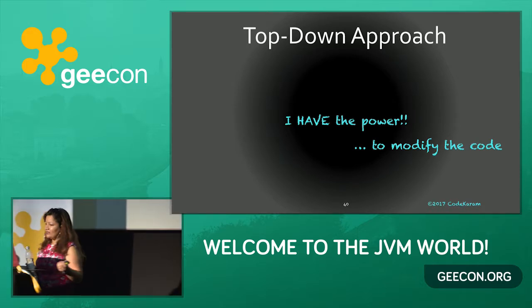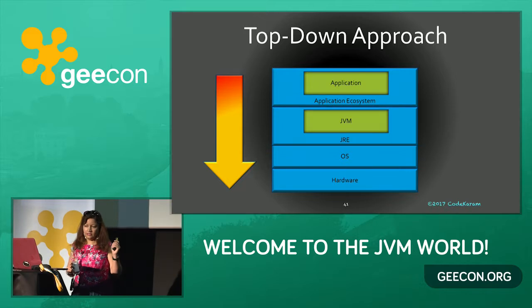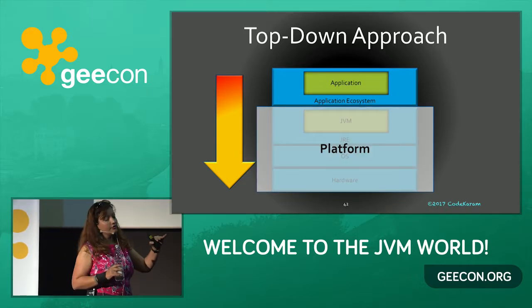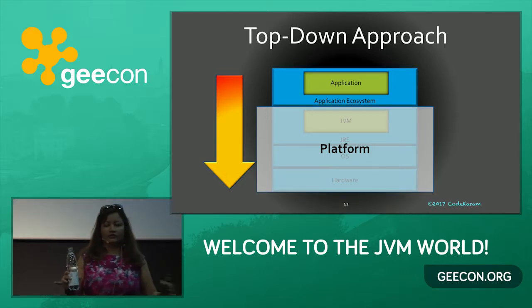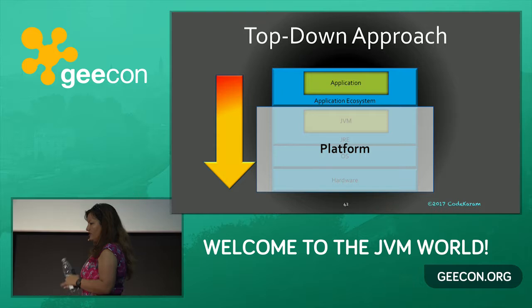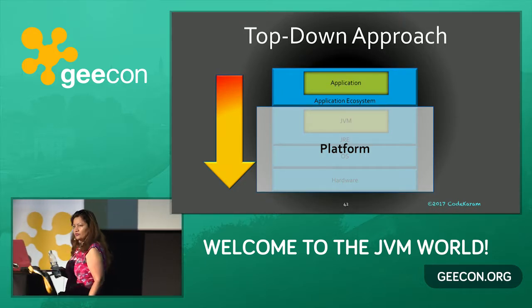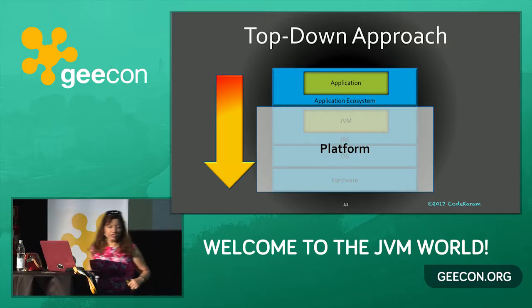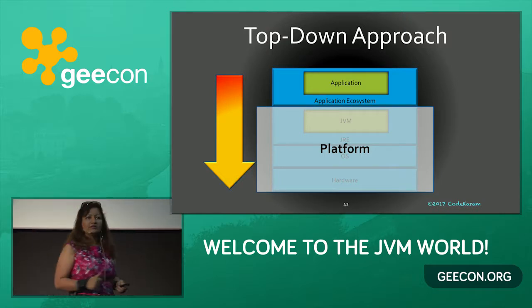So with the same layers, you think of anything under the application in the ecosystem as just the platform. You just need to know that this is what my application is running on so that you can use the right tools. Other than that, you don't have to worry about anything below the application level because you are just doing application performance analysis.